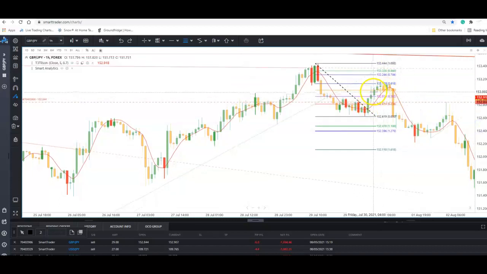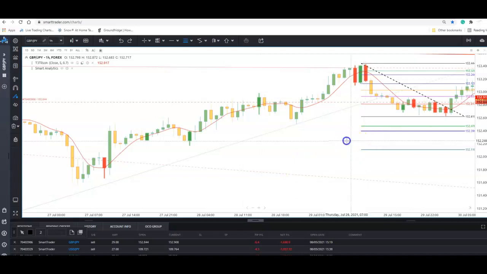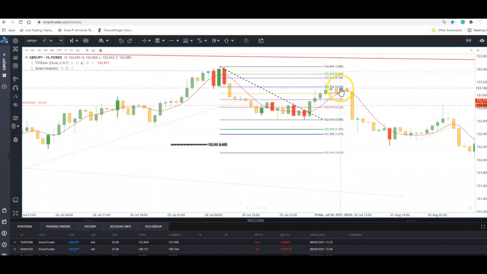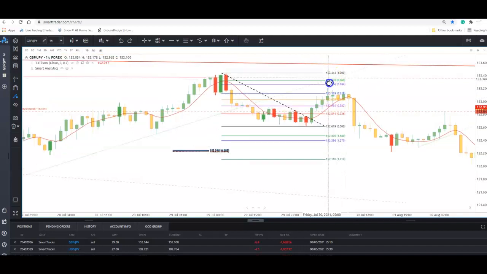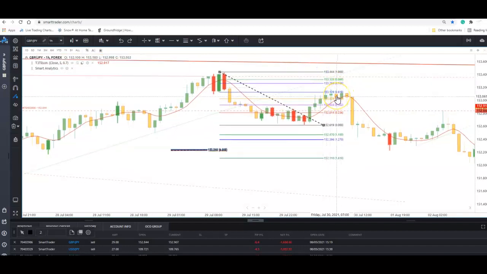Okay, so there it is. So we have 1, 2, 3, 4, 5 green candles followed by a bearish candle. That's our sell trigger. Let me just make it bigger so you can see what I'm talking about. And then we need a candle to close below this candle here, and it did, and there's your sell.